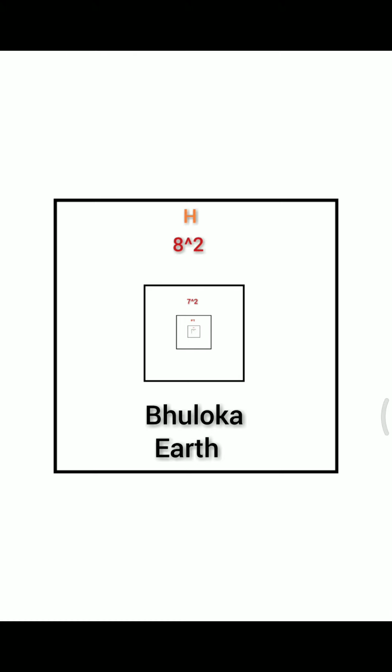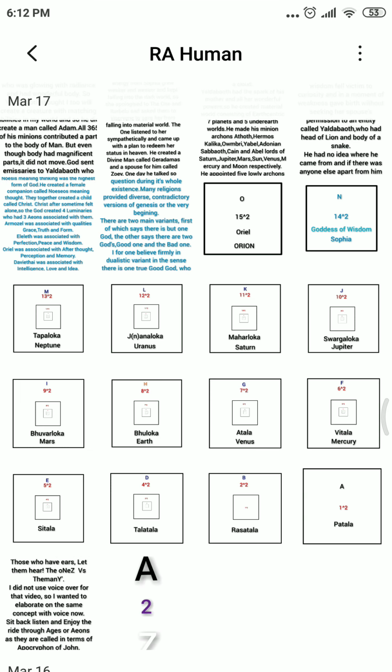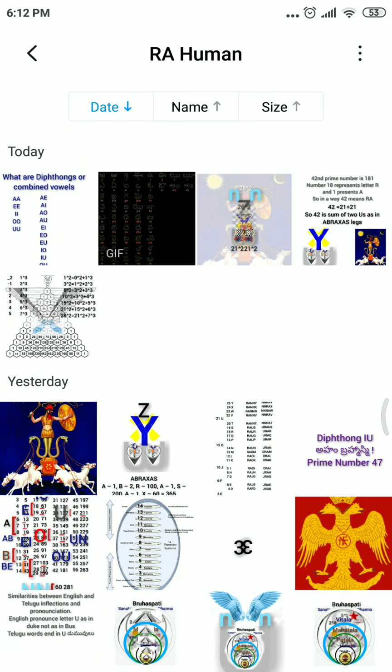The letter H represented earth. The letter H also represents Horus, the Egyptian god Horus.